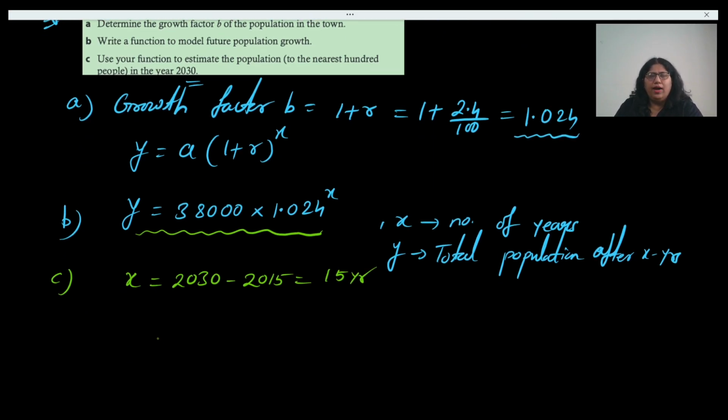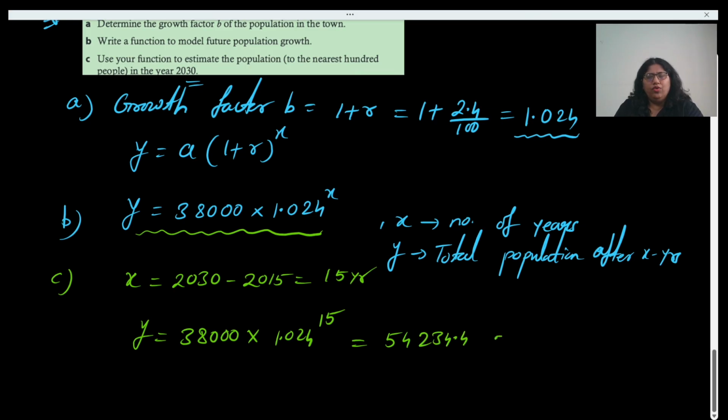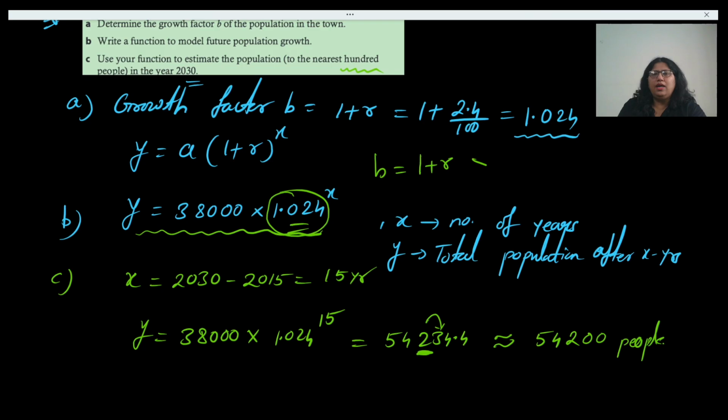Substituting, the population in 2030 is 38,000 times 1.024 whole power 15, which is approximately 54,234.4. We don't write population in decimals, so rounding to the nearest 100 gives 54,200 approximately. These many people will be in that town. When 1 plus r, which is b, is greater than 1, you always get growth.